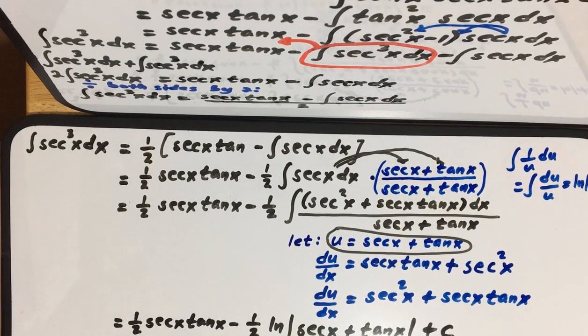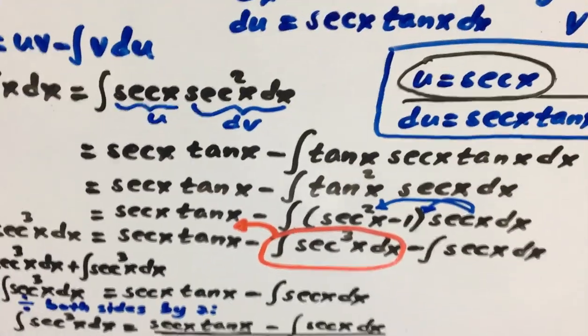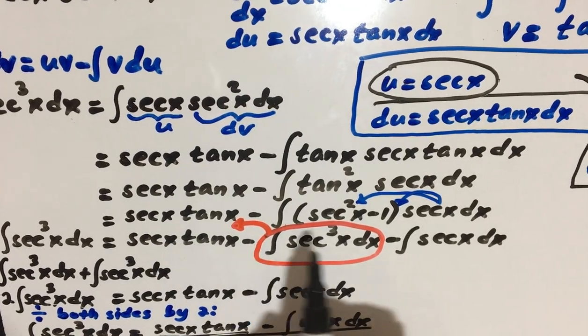Okay, so let us check. We have 1/2 secant x tangent x. Okay, sorry class, we have missed the sign here. I think we have made a wrong sign, so I'll get back here. You have minus, minus.